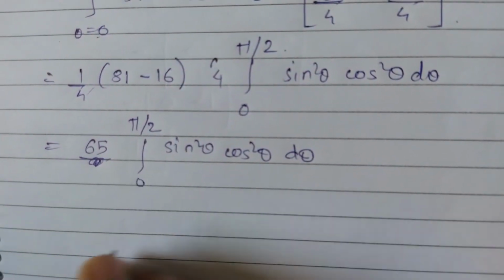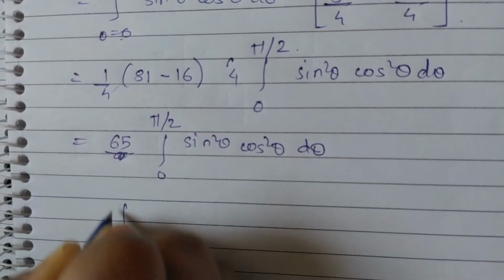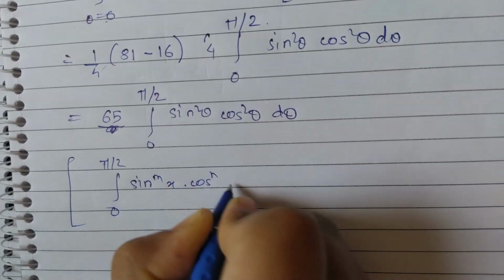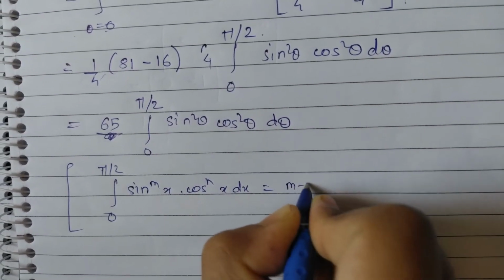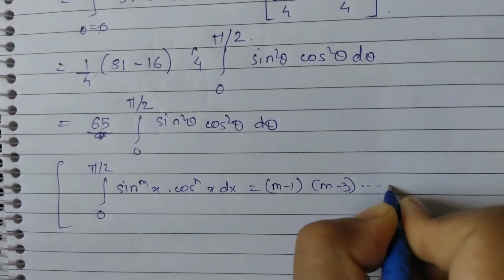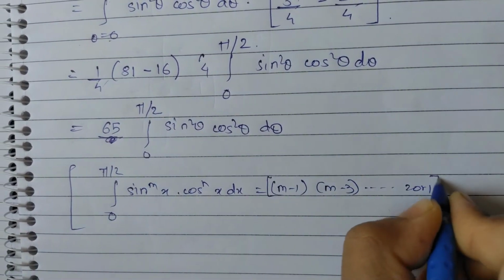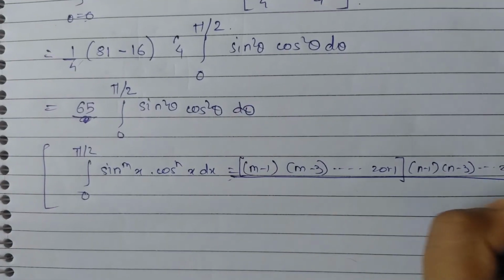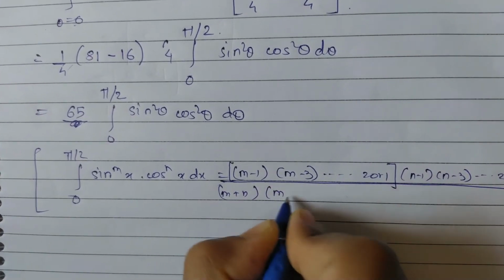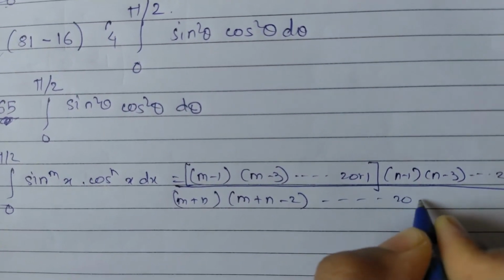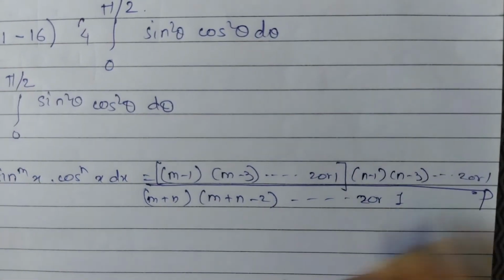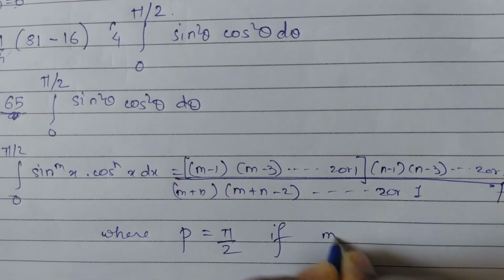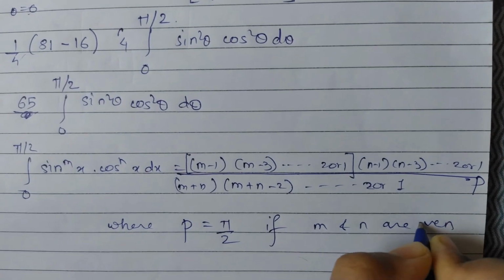So for this you need to apply the reduction formula, which is integral 0 to pi by 2 sin raised to m x into cos raised to n x dx. What is it? m minus 1 into m minus 3 up to 2 or 1, similarly n minus 1, n minus 3 up to 2 or 1, upon m plus n, m plus n minus 2 up to 2 or 1, into p, where p is pi by 2 if m and n are both even.